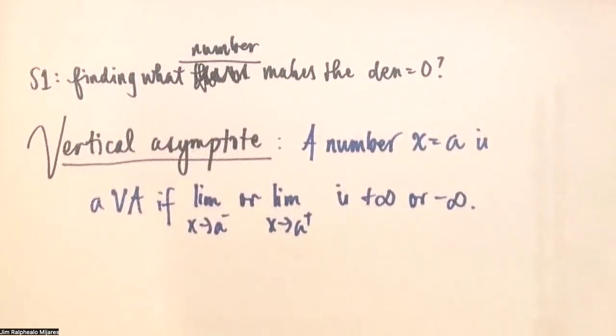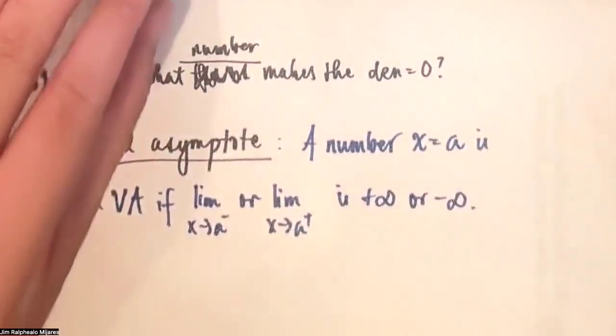Okay, a number x equals a is a vertical asymptote if the limit as x approaches a from the left or from the right is positive infinity or negative infinity.